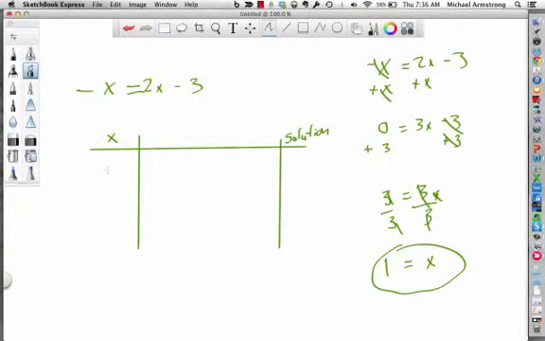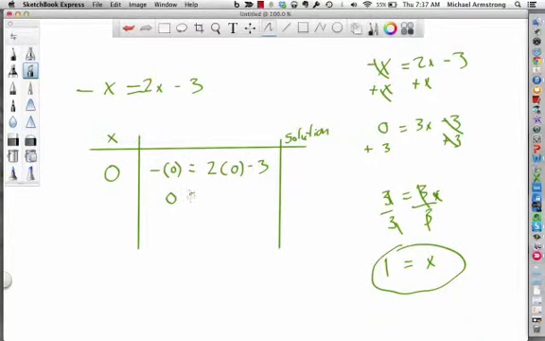But our equation is going to go here. We're going to just try with 0 like we did before. This is negative 0, which is kind of an oxymoron. I don't think we can really do that, but 2 times 0 minus 3. And 0 is not equal to 0 minus 3.